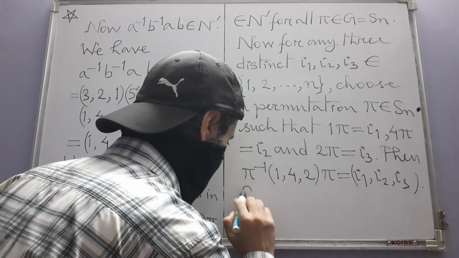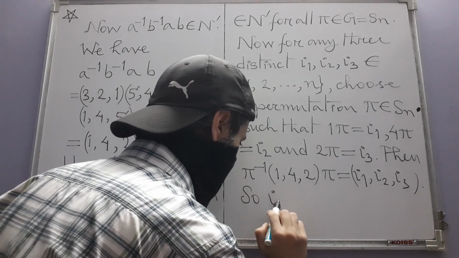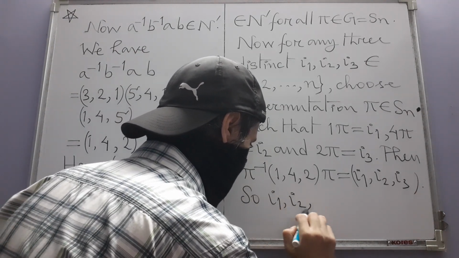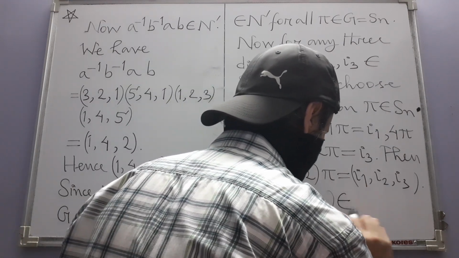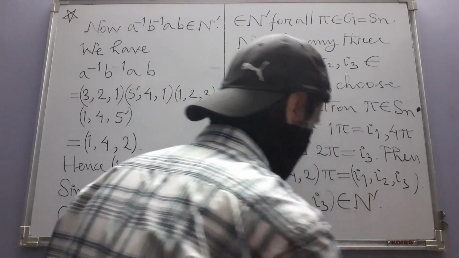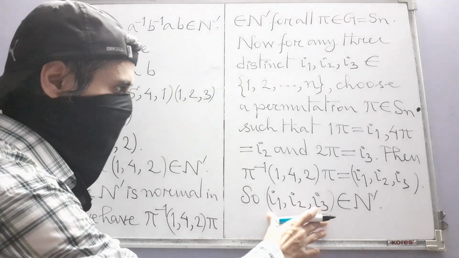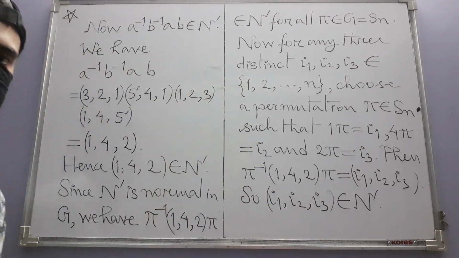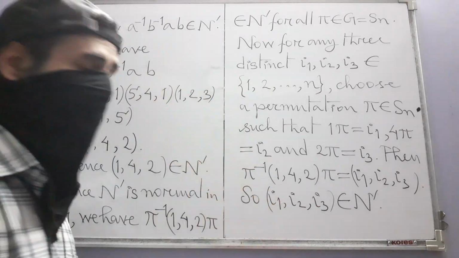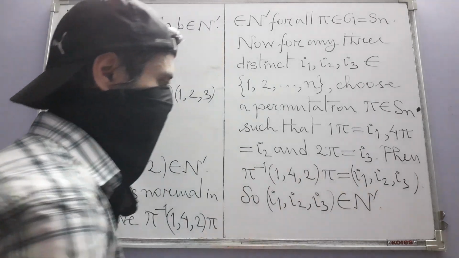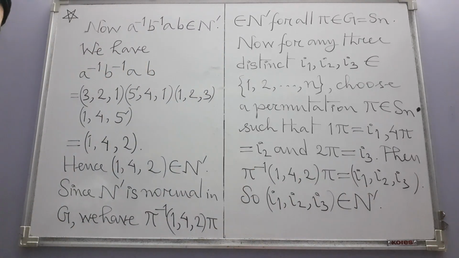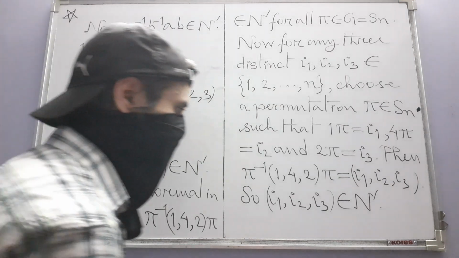So I1, I2, I3 belongs to N prime. However, this is just any cycle in Sn. Any 3 cycle in Sn. So we have proved that N prime contains all the 3 cycles in Sn.